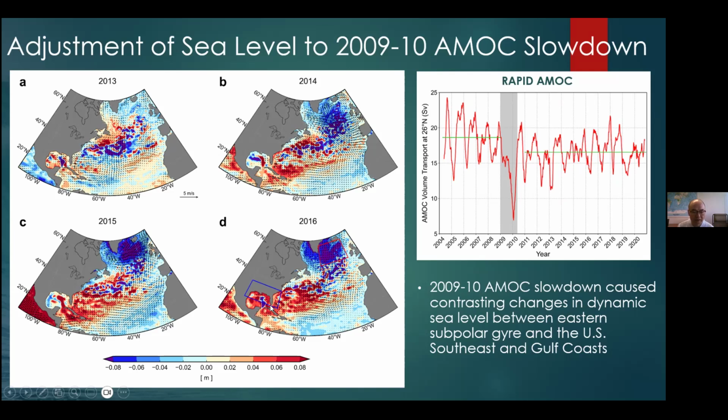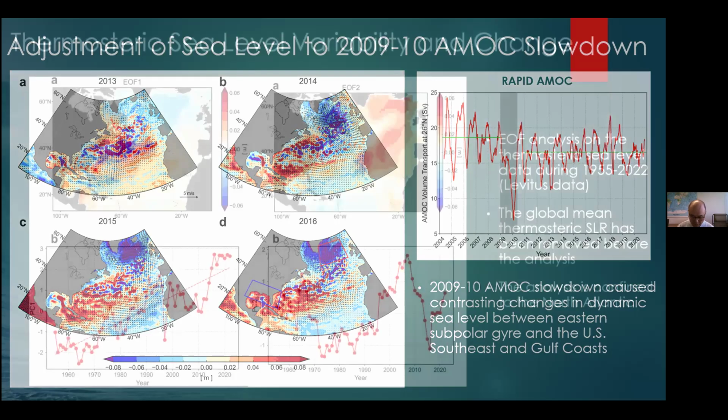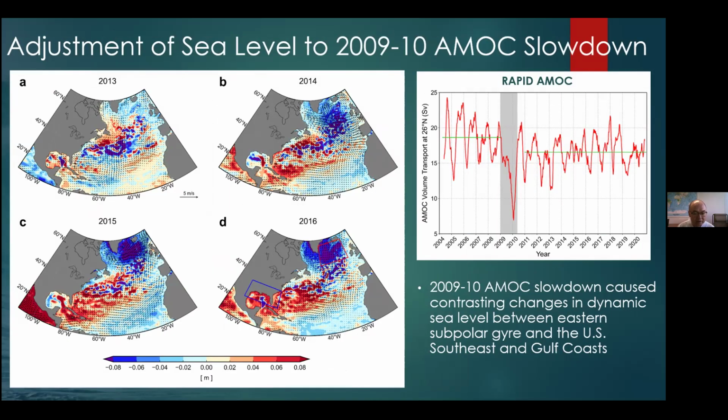So you see the evolution of the contrasting patterns of dynamic sea level during this 4 year period. The response of the sea level to the slowdown lags the slowdown of the AMOC at 26 degrees latitude by a few years. The arrow here is the wind. The shading is the altimetry data.